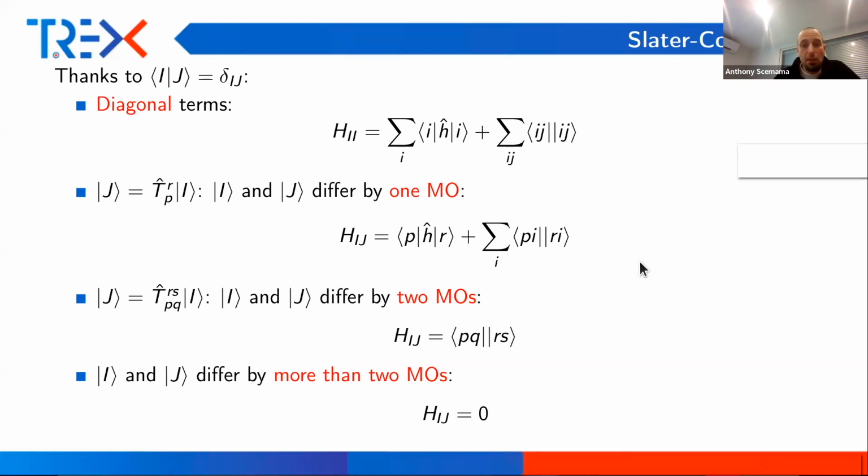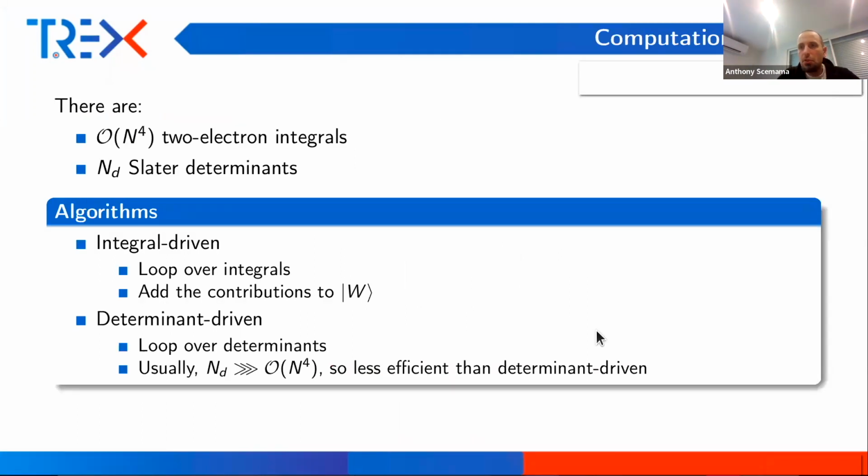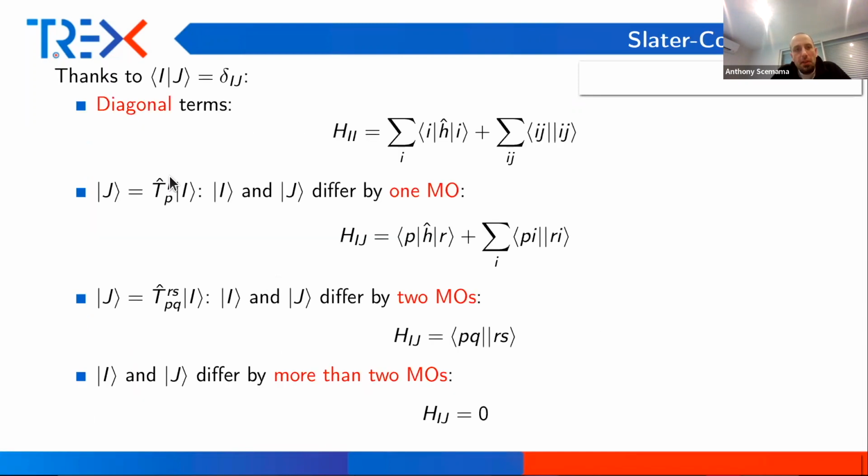Once you have the integrals in the MO basis, then you have everything you need to build the matrix H_ij. So I'll try to continue a little bit about the computational aspects of configuration interaction. I've shown here that the only thing you need to do a CI calculation is to have integrals, and there are not that many integrals.